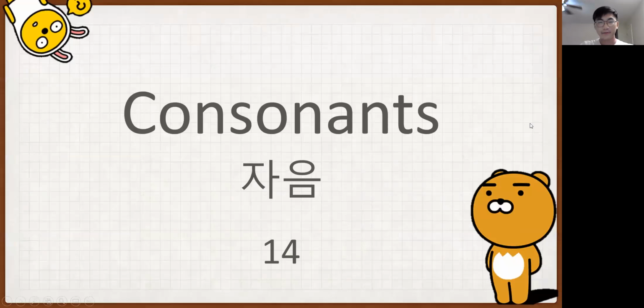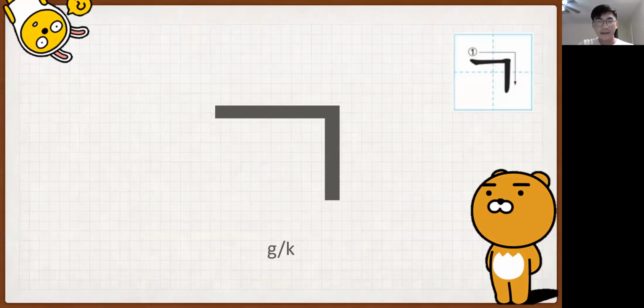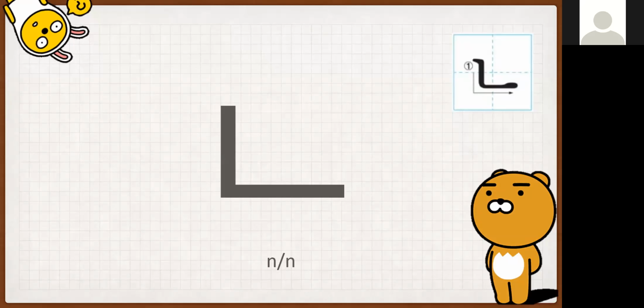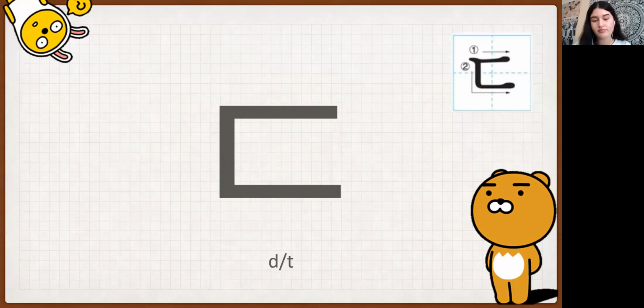All right, so start with the consonants. This is kiyeok, then nieun, and then tigeut.